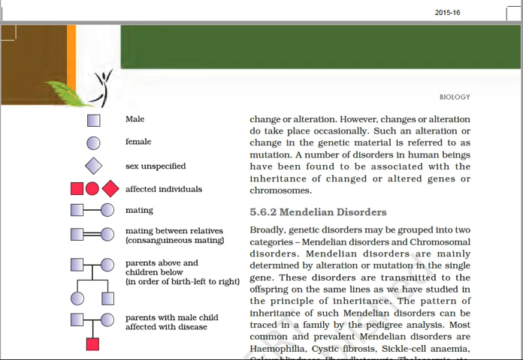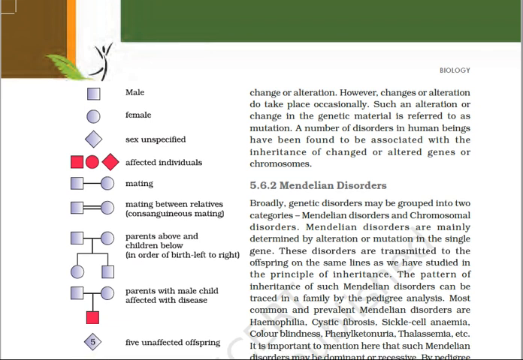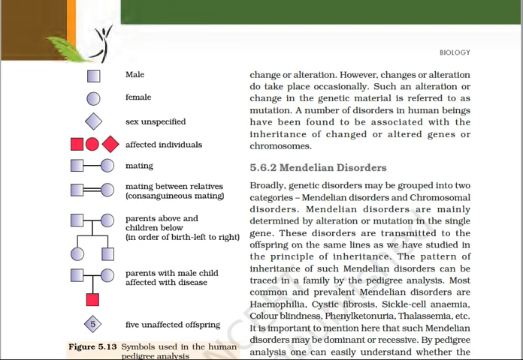Then the parents with a male child affected with a disease is shown here with a colored symbol. Besides this, Roman numerals symbolize generations, like you write in classes: first, second and third, and the Arabic numerals symbolize birth order within each generation, which can be mentioned by 1, 2, 3.